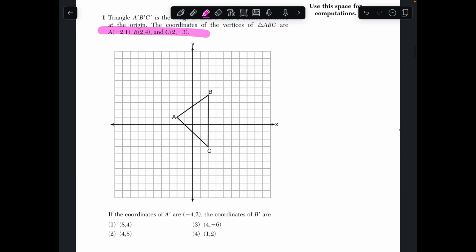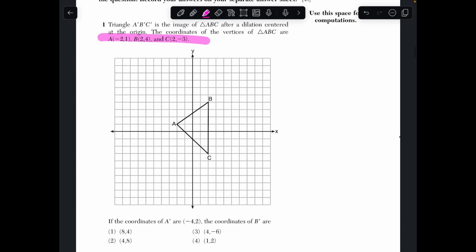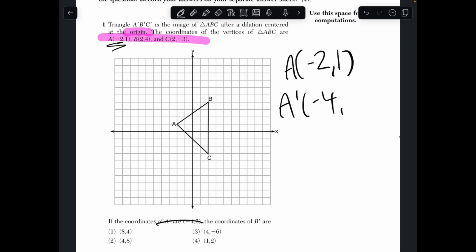Now, since this is a dilation centered at the origin, if the question is talking about A prime, we are only really focused on A at this moment. So I like to just write -2, 1, and then A prime, sorry, I kind of scribbled it out, -4, 2.